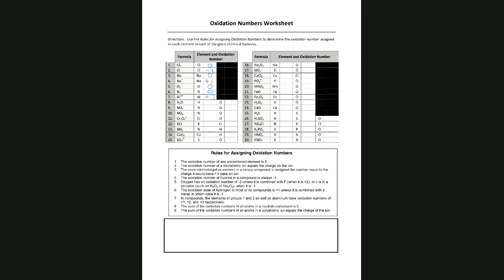Okay, now we've got a compound that's got 2 kinds of atoms, hydrogens and oxygens. We've got to determine what is the oxidation number for one of the hydrogens and for one of the oxygens. But when we put them together, they should add up to 0. So we're going to take whatever it is for hydrogen and multiply it by 2.